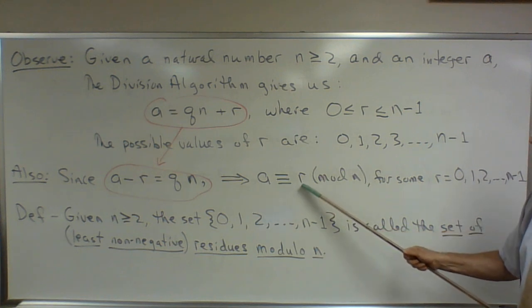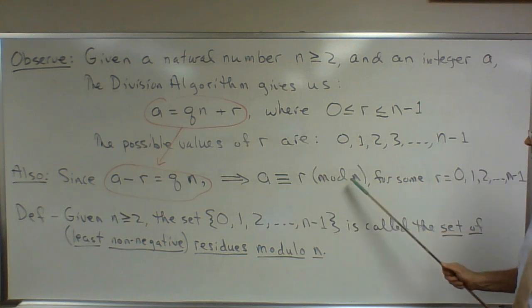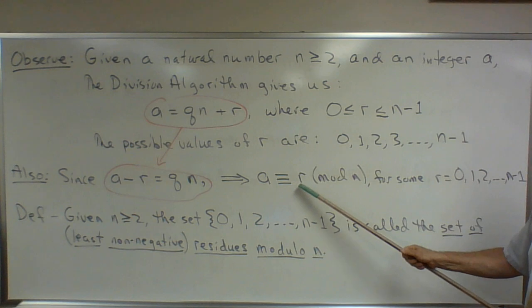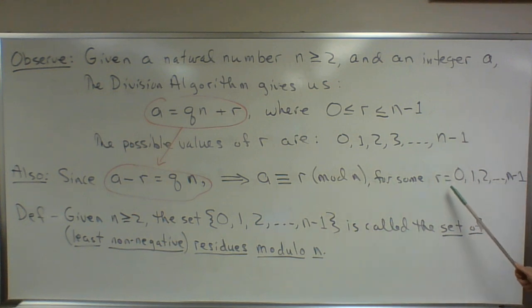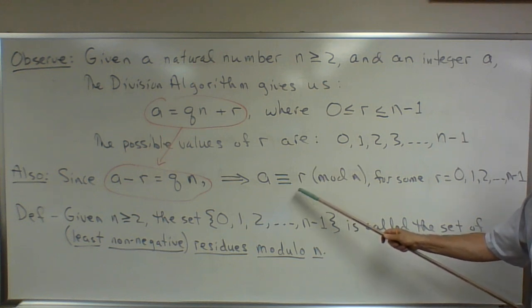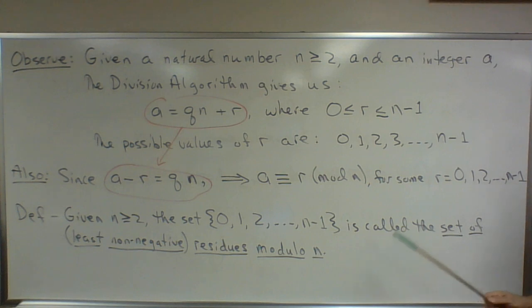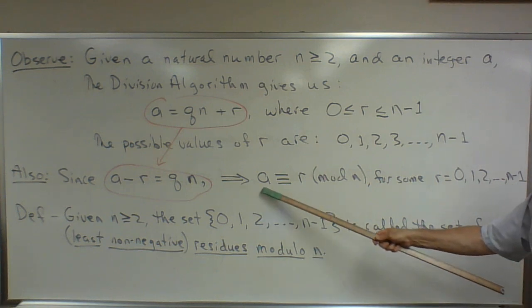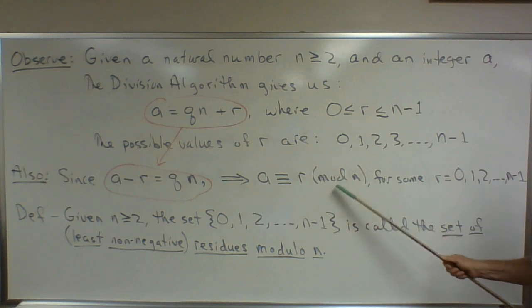So this number that a is congruent to mod n, this r, where r is between 0 and n minus 1, this r is unique. There's only one number between 0 and n minus 1 that a can be congruent to modulo n.